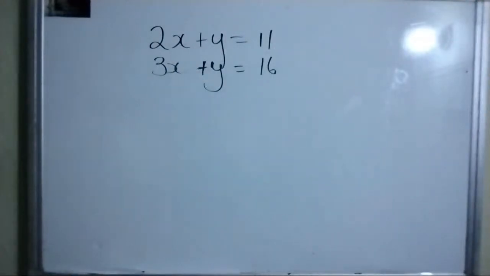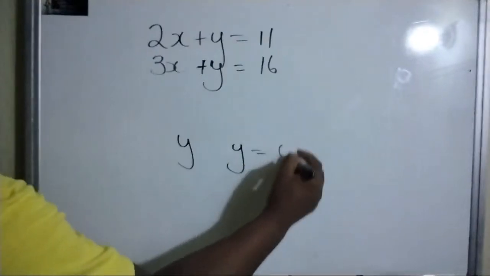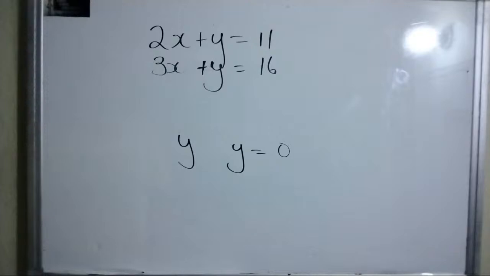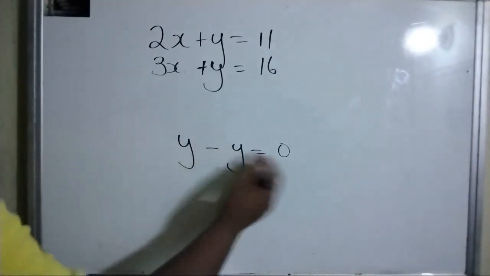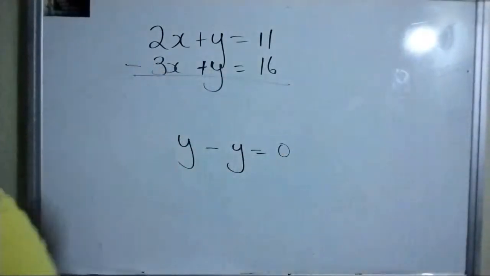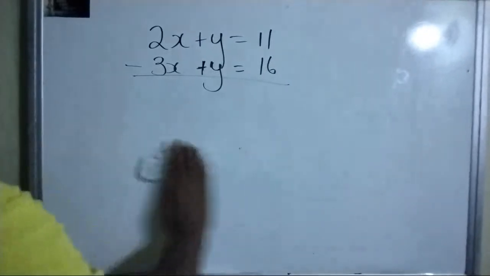If we have y and want to get 0, what sign should we put in the middle to make it be 0? That would be minus, right? Because y minus y is equal to 0. So what we do, we're going to subtract. However, we're going to do it for the entire equation.